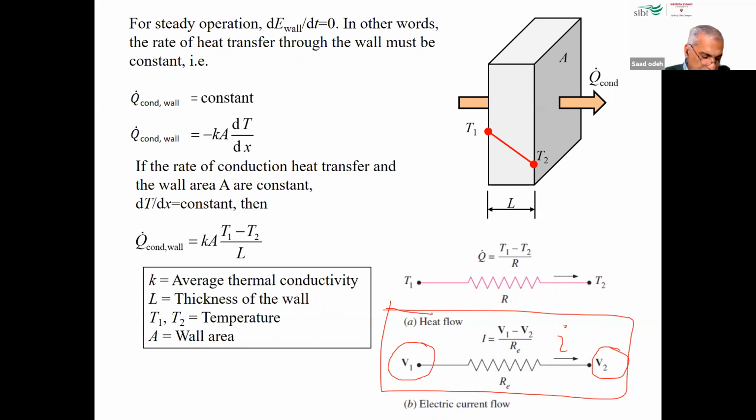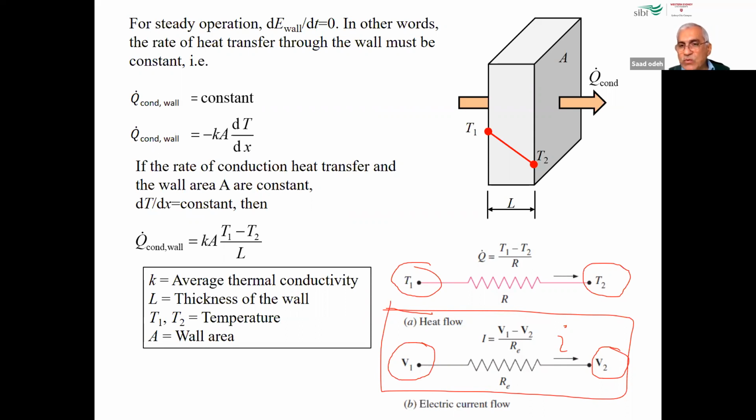The temperature difference between T1 and T2 is the reason that creates heat transfer, which is what we said before: heat transfer cannot take place without a temperature difference. So now we have something similar to the voltage difference in the circuit. Rather than voltage difference V1 and V2, now we have T1 and T2.